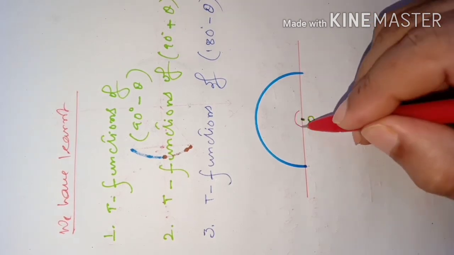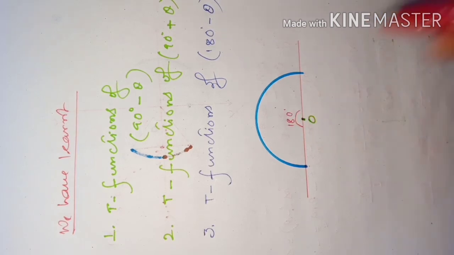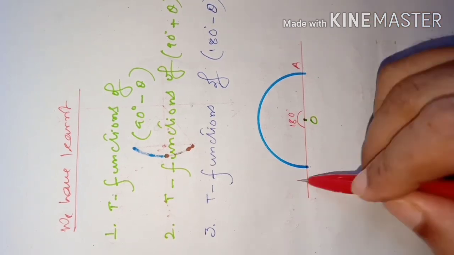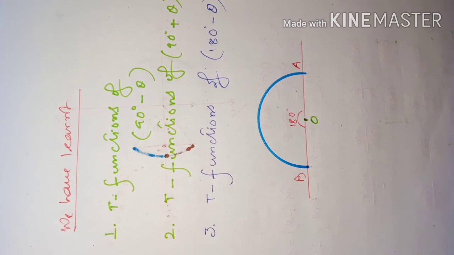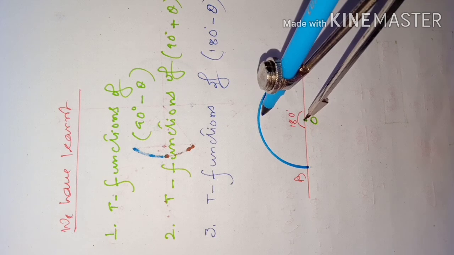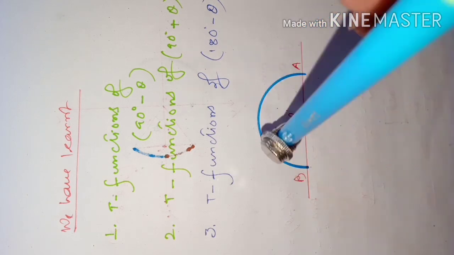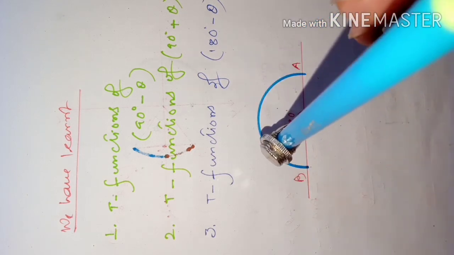This angle is pi radian or 180 degree. Suppose this arc from A to B has subtended 180 degree here. But suppose after going up to here, we have come back from B towards the A side by an angle that will be negative, by minus theta.